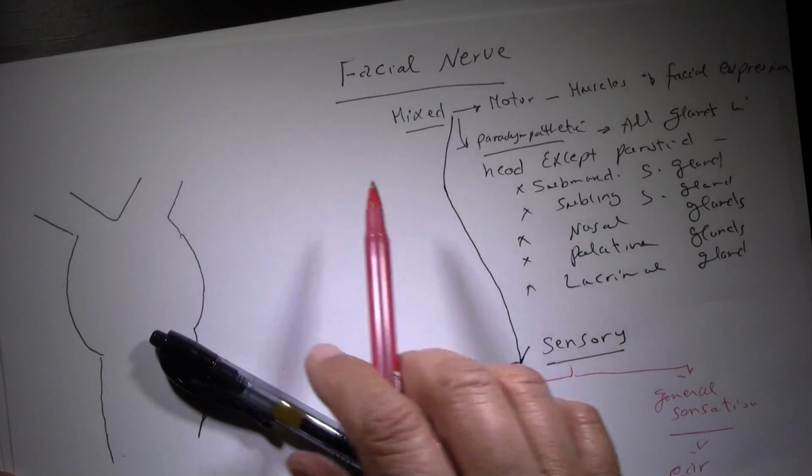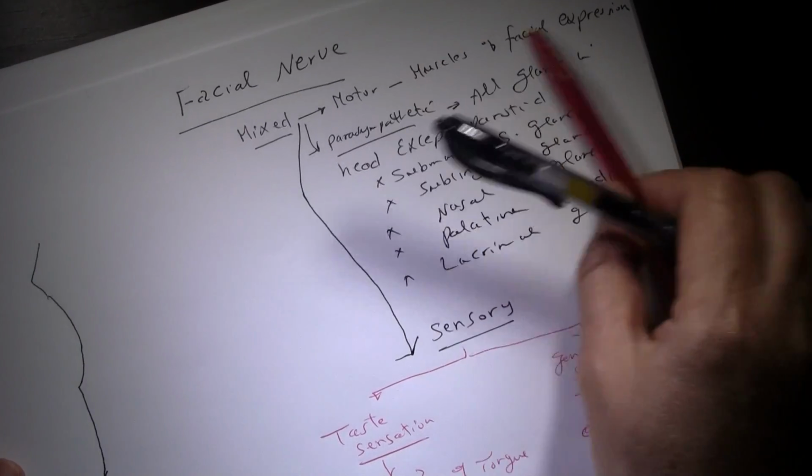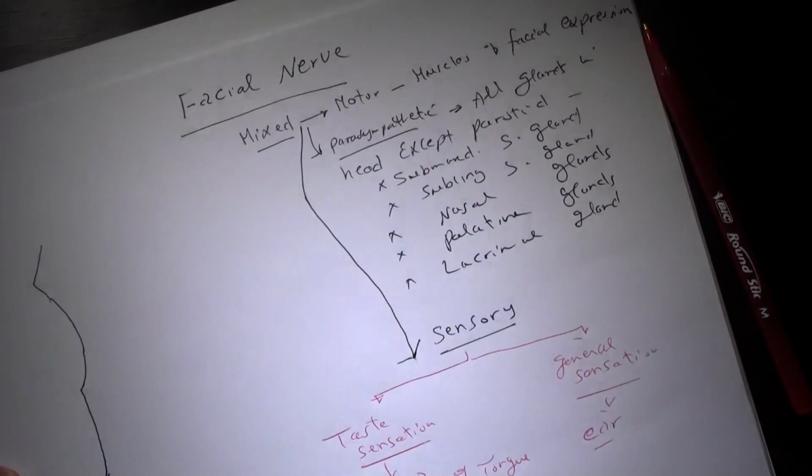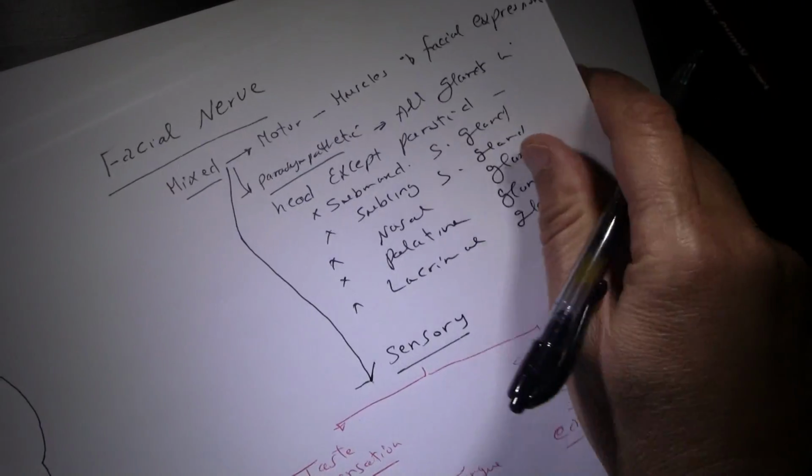Basically, this means it has several kinds of fibers: motor to the muscles of facial expression, but not only those. I'm summarizing everything to start with, so hopefully this makes it easy to follow later on.